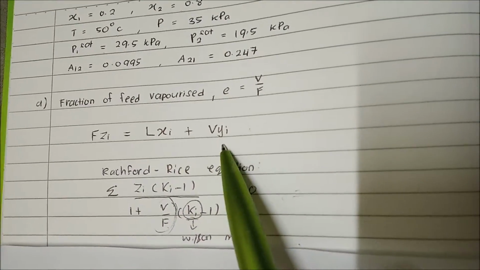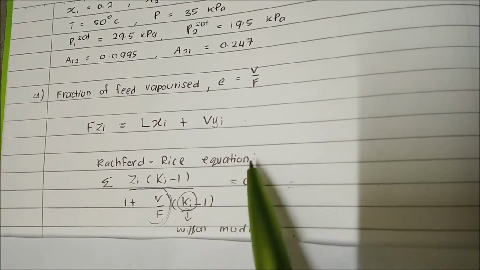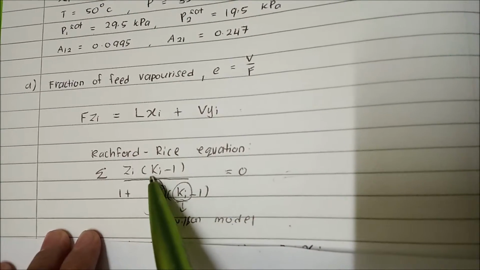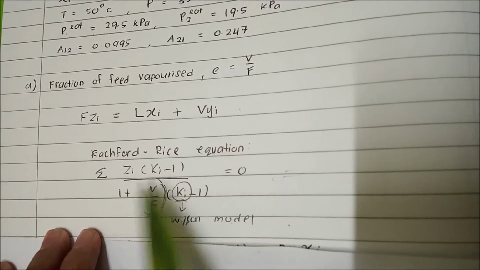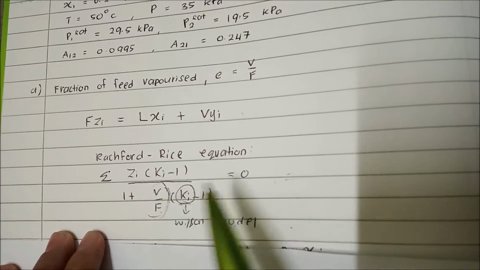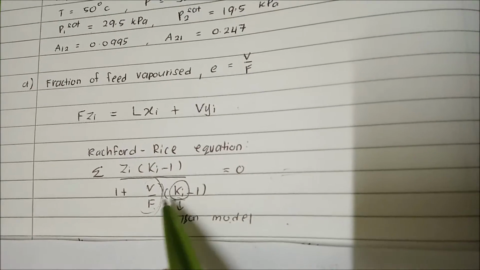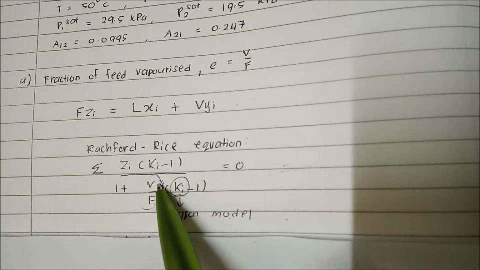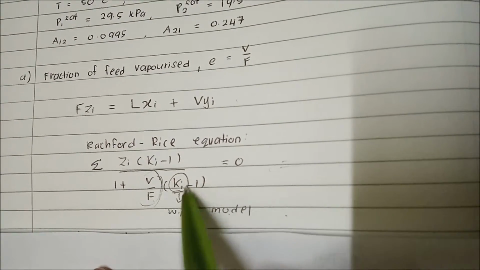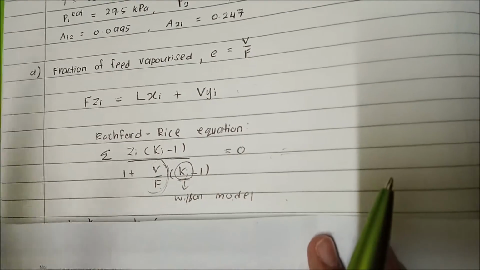When we substitute and rearrange this relation, we get the Rachford-Rice equation, shown here: the summation of the overall composition times K ratio minus 1, divided by 1 plus the vapor mole divided by the overall mole times K ratio minus 1, is equal to 0. So we need to find this V over F, vapor over overall, and to solve this, we need to find our K using the Wilson model as stated in the question before.